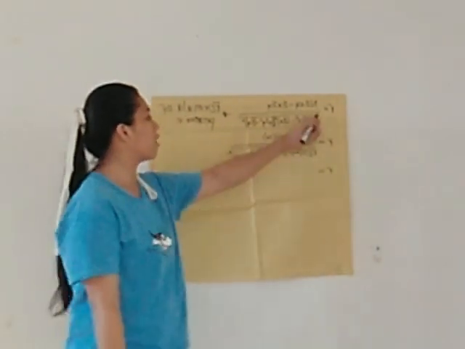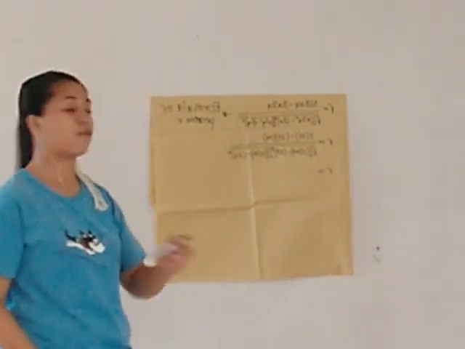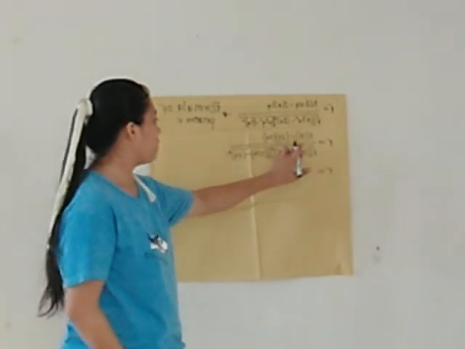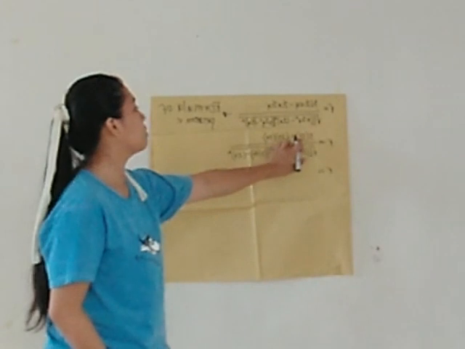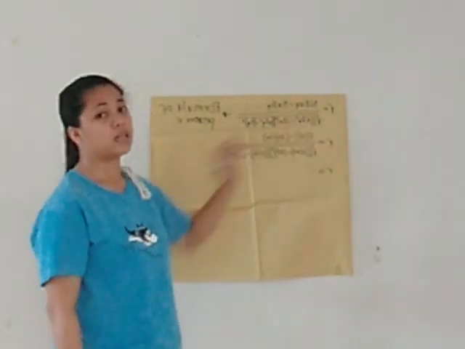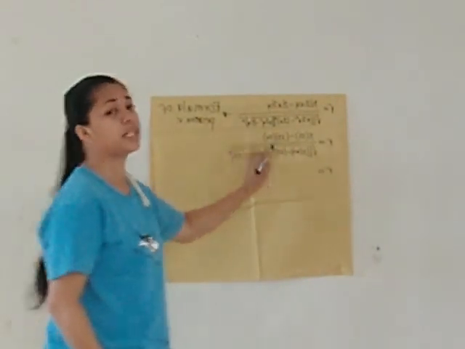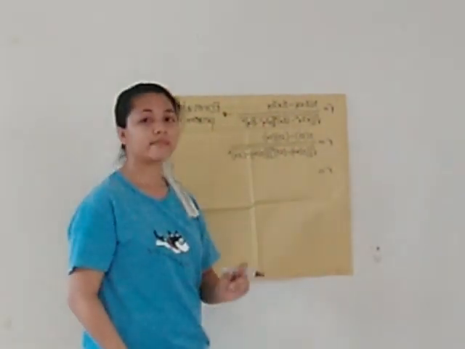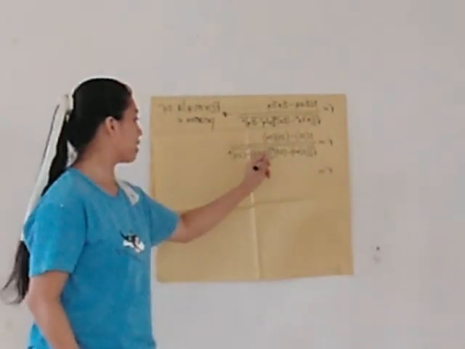Since we already got all the values, we're going to substitute them into the given formula. Since our summation of x and y is 111, the summation of x is 23, and the summation of y is 24, we're going to put all of the values here.